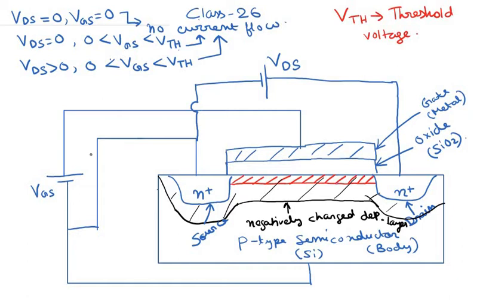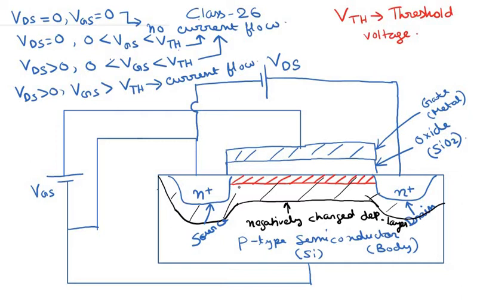Now if we increase this VDS, the drain to source voltage, slightly, then current starts to flow between the drain and the source, or electrons start to flow from the source to the drain. So if VDS is greater than 0 and VGS is greater than VTH, then current starts to flow between the source and the drain.